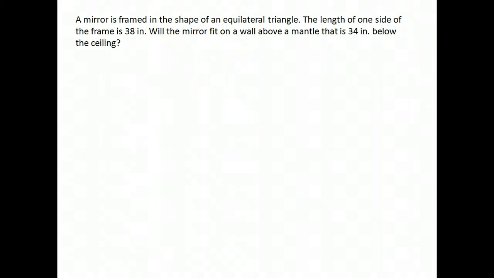Okay, here we have a mirror in the shape of an equilateral triangle. So again, we're dealing with a problem that involves an equilateral triangle. Again, that means all the sides are the same and all the angles are 60 degrees. The length of one side of the frame is 38 inches. Okay, so 38 inches on all of these sides.